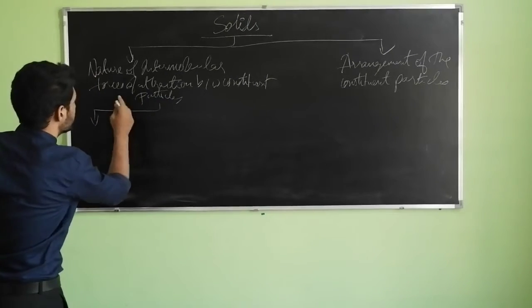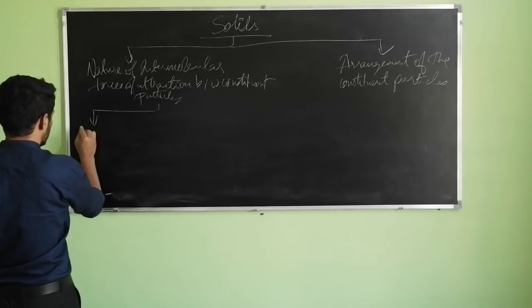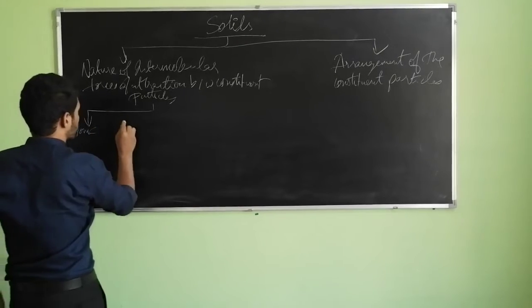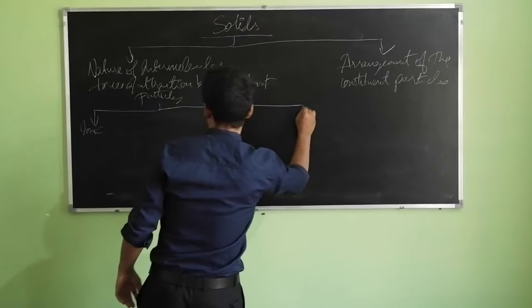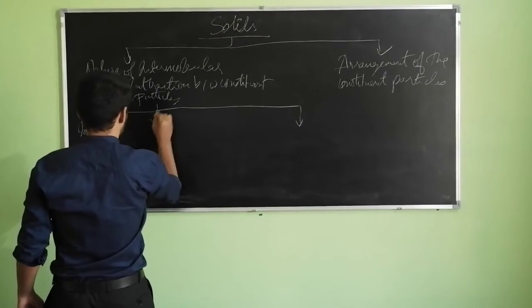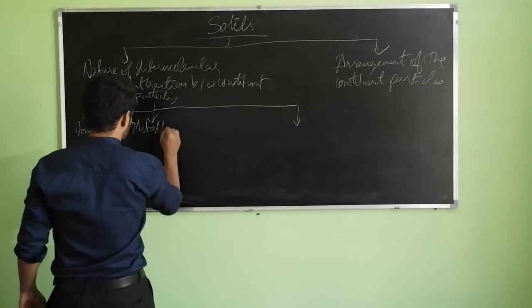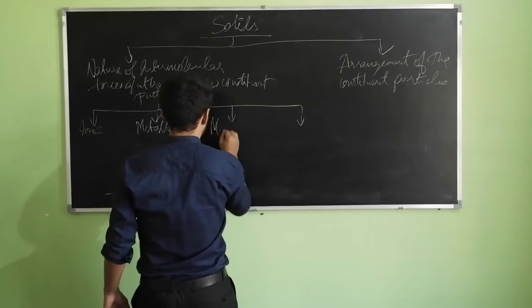So first is based on nature of intermolecular force of attraction. So based on that, the first one that we have is ionic. How much space do we have here? So we have ample amount of space. Okay, so now the second one is metallic. Third one that we have is molecular.